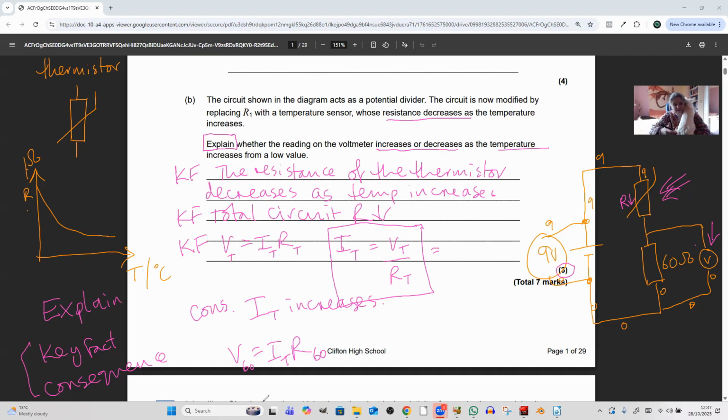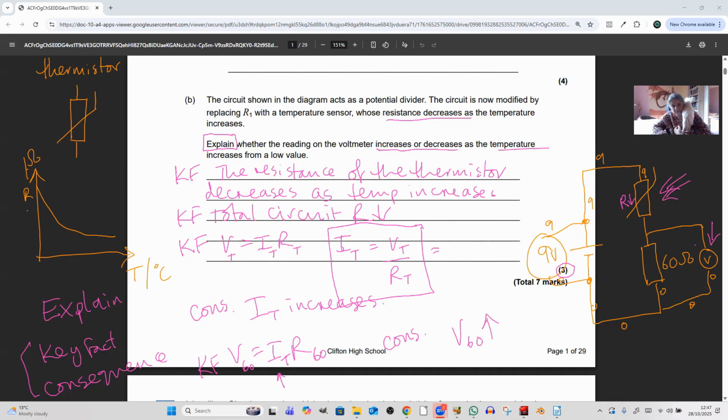So what happens to V across the 60 ohm resistor? Can you see this is another key fact? So the consequence of that is that V60 goes up.